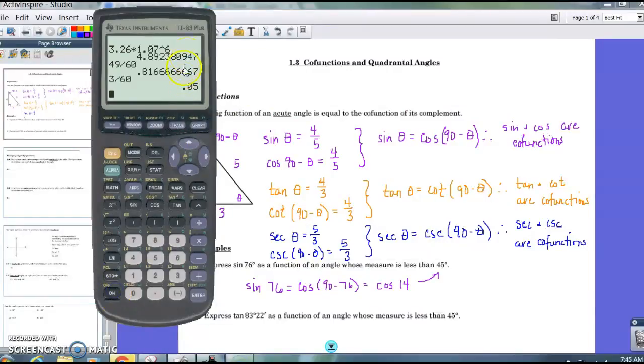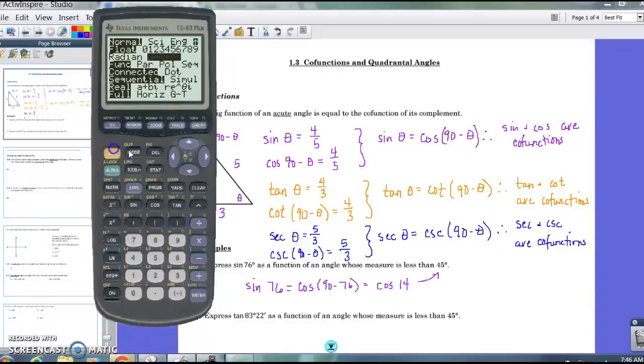So let me show you on a calculator here. If I put in the sine of 76, that's 0.5661. And if I did the cosine of 14, I think my calculator is in the wrong mode. Hold on one second. Oh, my calculator is in radians. I have to do this in degrees.